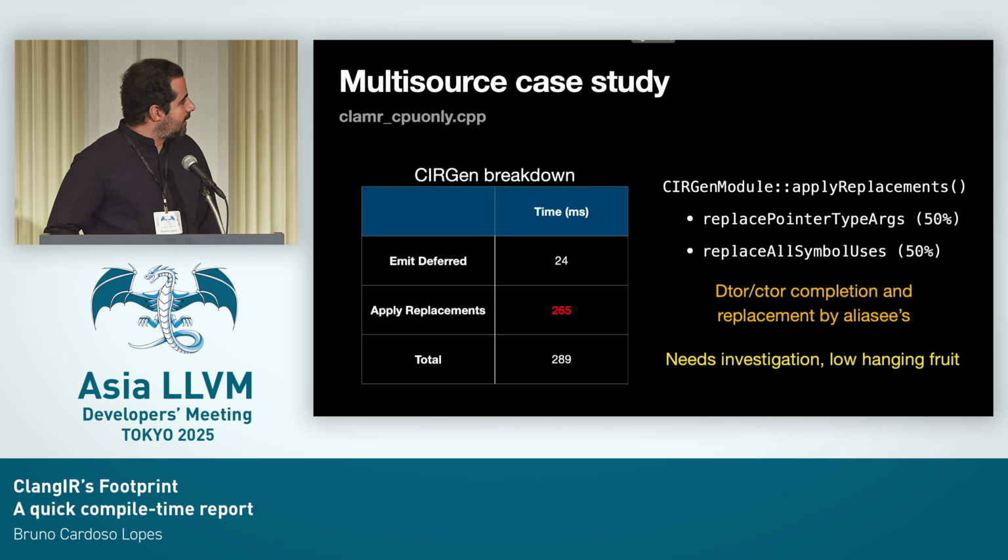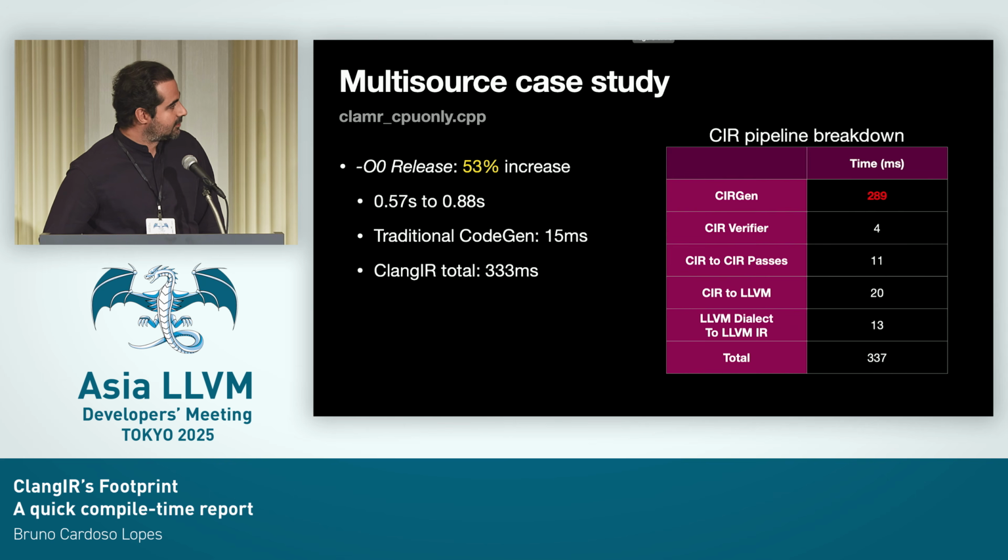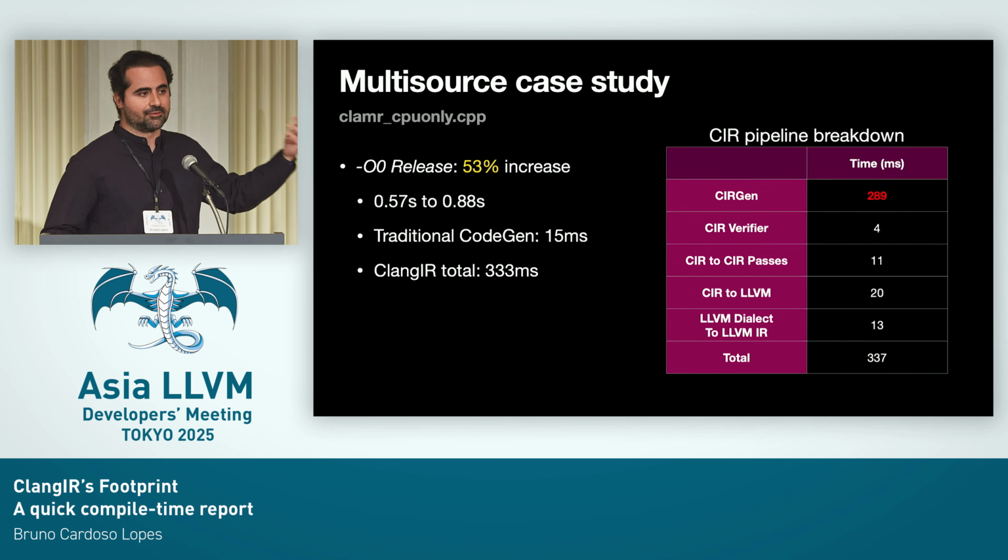One quick note is that I was expecting verifiers to be more expensive. And well, it turns out we only run it once in the pipeline. So maybe we multiply this as if we ran it after all the passes. But it was quite a good number. And there's probably something else we want to do with ClangIR's LLVM lowering, which is taking more time than the other things. There's probably something silly we were doing there that we need to look at.